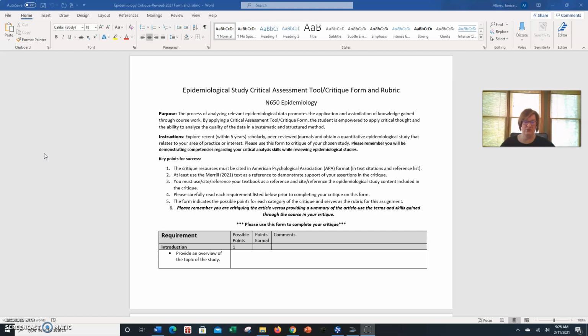So if your assertion is about part of a descriptive study and what the strengths and weaknesses are and what you've identified as a strength or weakness, you may want to cite your Merrill textbook that correlates with what indeed for descriptive studies are those strengths or weaknesses. So that's just kind of an example to help you.